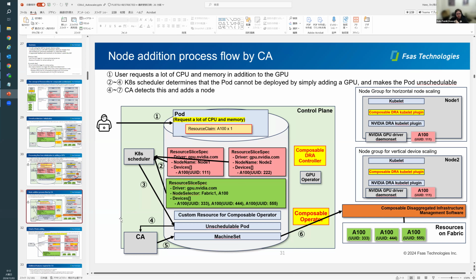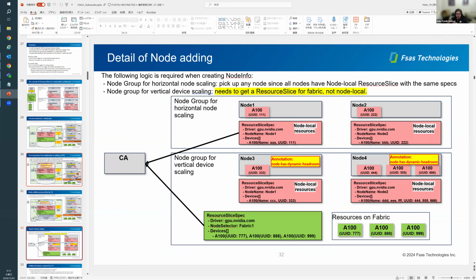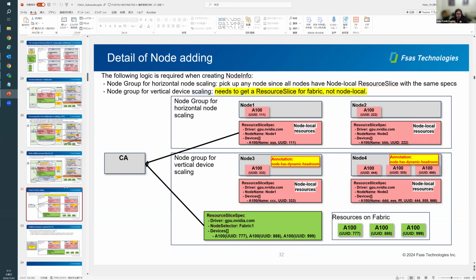So it's mostly about, if we would like to scale such a node group with vertical scaling, we'd need some special processing for that template, right? Because just looking at any of the nodes from this node group wouldn't tell us how a new node would look. We would probably want a template with the biggest possible configuration or something like that.